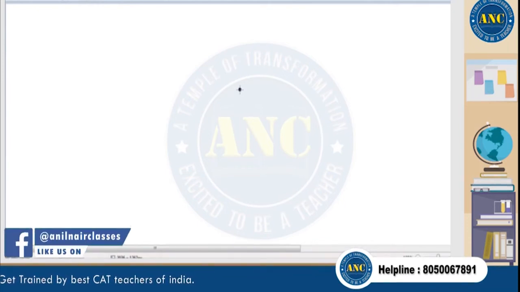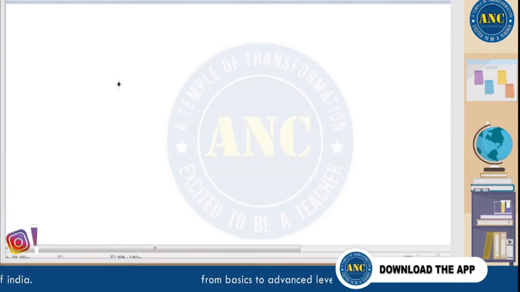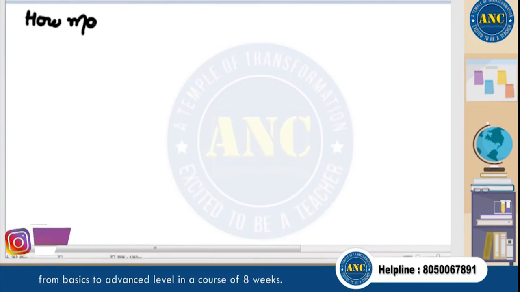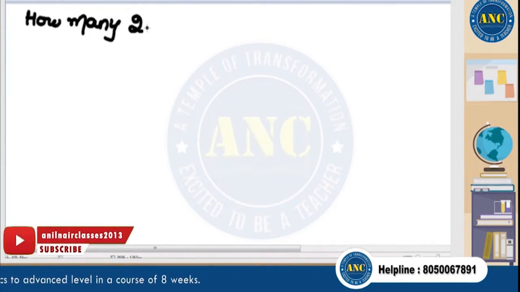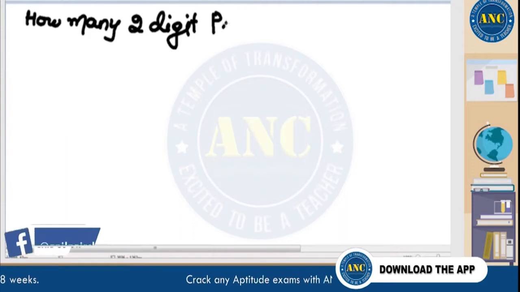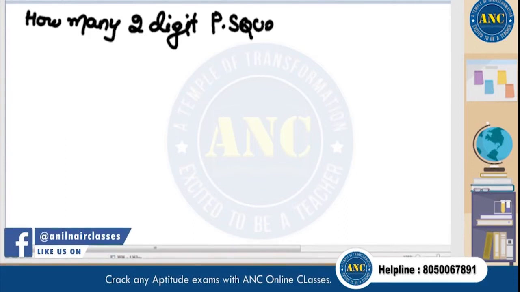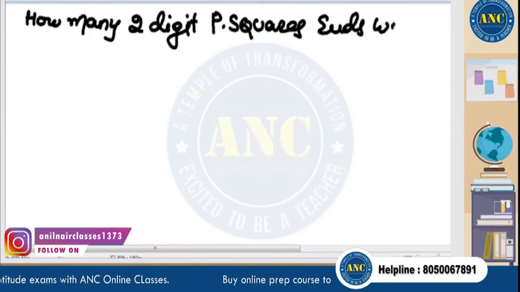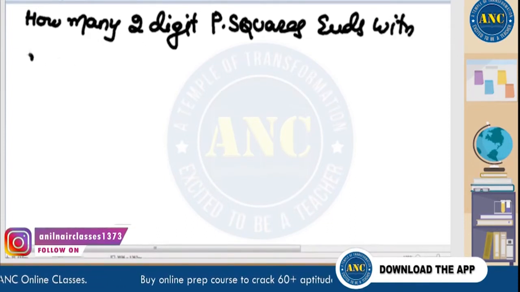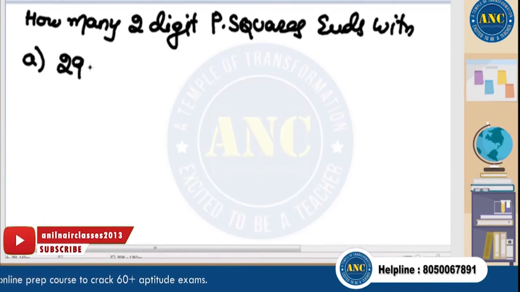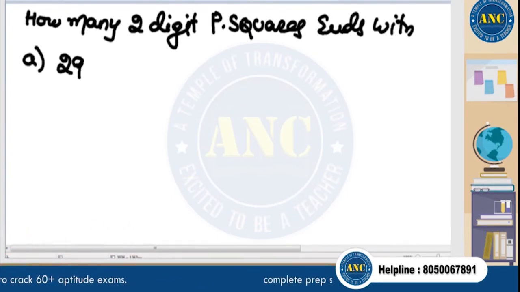If you think just reading theory you will get good marks, please prove me wrong. How many 2-digit perfect squares? Listen carefully. How many 2-digit perfect squares end with? First question 29. How many 2-digit perfect squares end with 29?